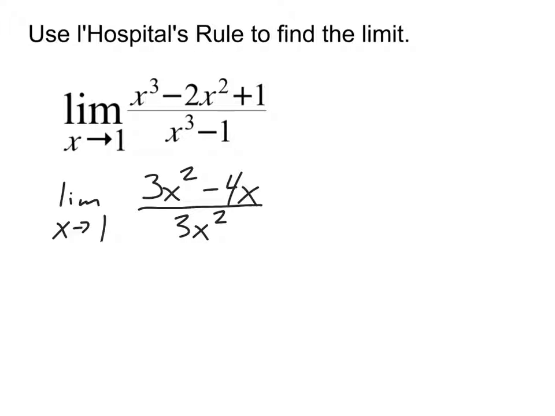That gives me 3 times 1, which is 3, minus 4 times 1, which is 4, over 3 times 1, which is 3. That gives me negative 1 over 3, so negative 1/3. That means I actually got a value out, so this is my answer. Notice that once I plugged that 1 into the function, I didn't write limit over here.